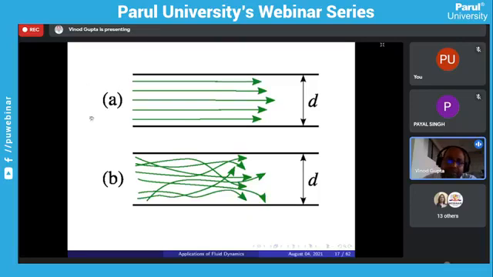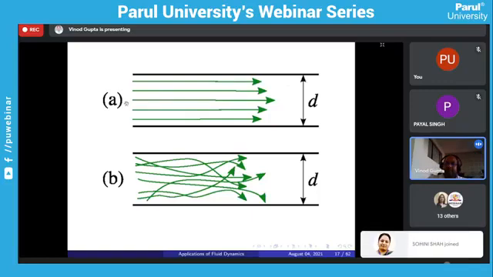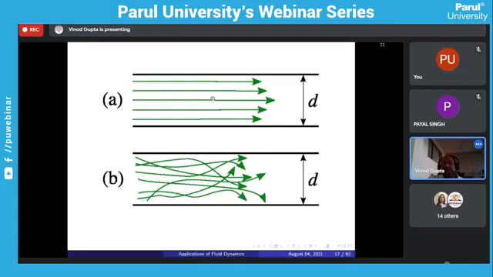The first one, this is the diagram of laminar flow. A flow is said to be laminar if it moves on a definite path on a parallel line, meaning the adjacent fluid particles do not intersect each other. So that is called laminar flow, and it is called stable.